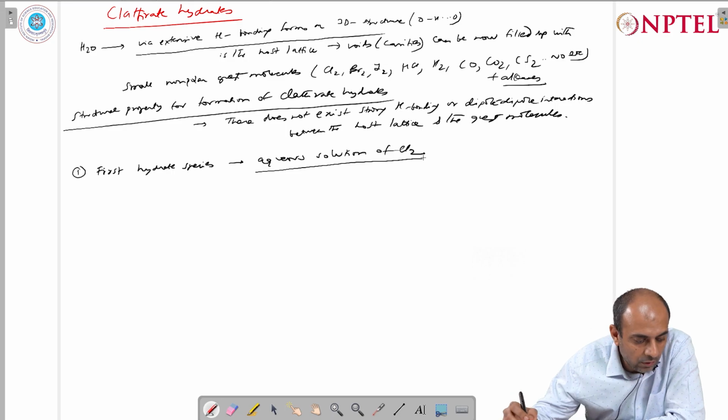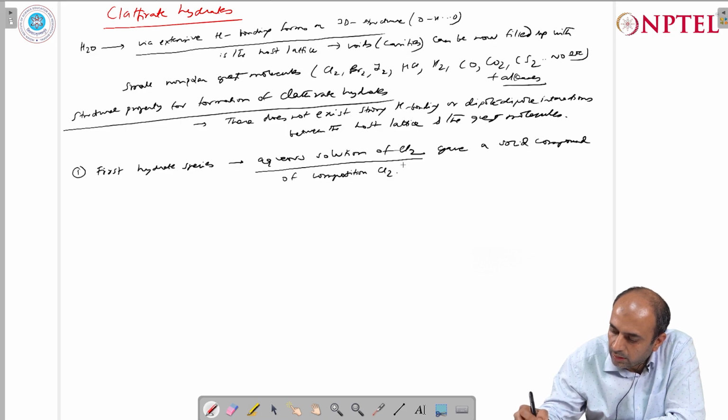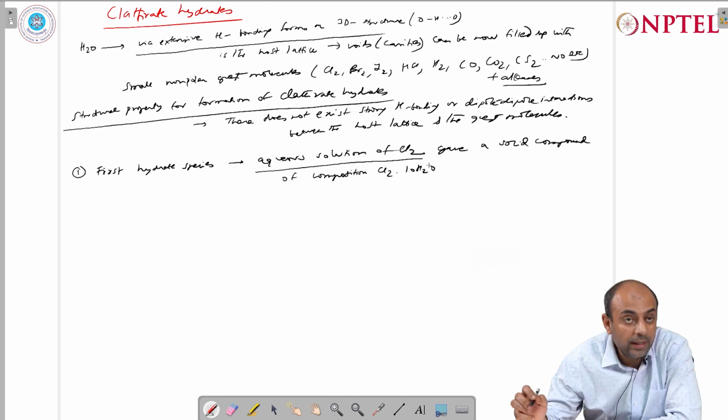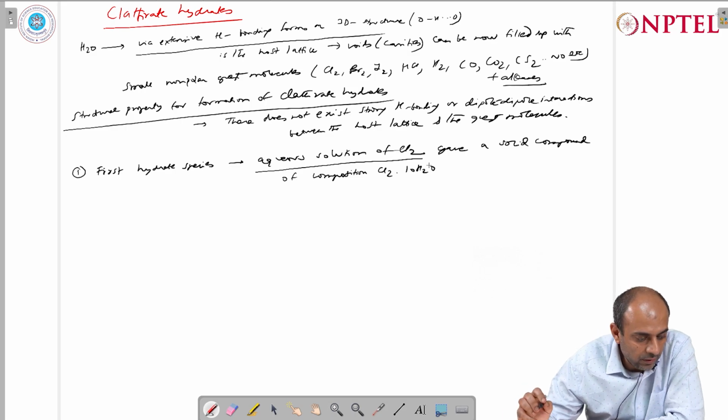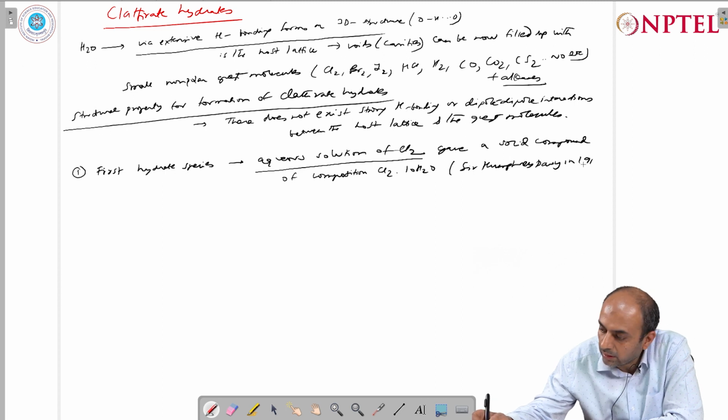An aqueous solution of chlorine gave a solid compound of composition Cl2.10 water, and this was first discovered by Sir Humphrey Davy in 1810.